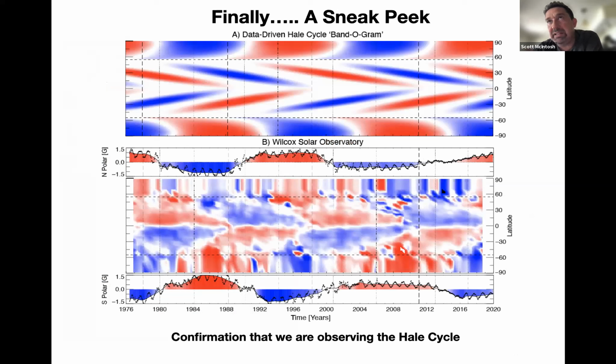One of the primary things that's been hurled at us about our conceptual Hale cycle, so this thing that we've been mapping out, was that it doesn't directly tie to the magnetic field seen in the photosphere. Okay.